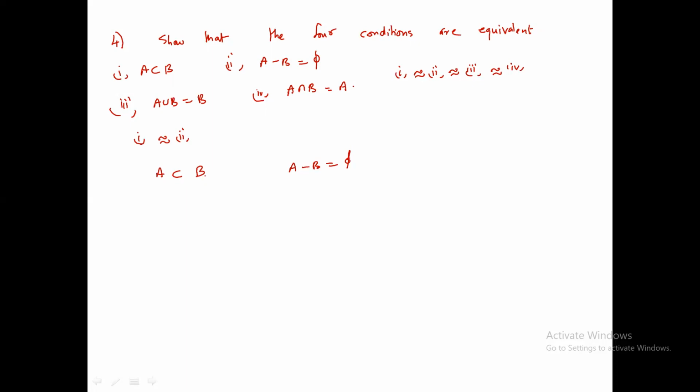I will tell you in sets. Suppose B is 1, 2, 3 and A is 1, 2. Suppose from A you remove B, 1 and 2, nothing is there, isn't it?